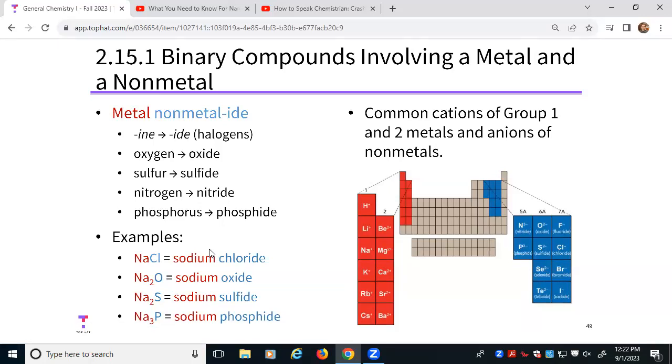The metal gets named first, and it carries its full elemental name. The non-metal is named after, and its ending is changed to -ide. So oxygen becomes oxide, sulfur becomes sulfide, phosphorus becomes phosphide.